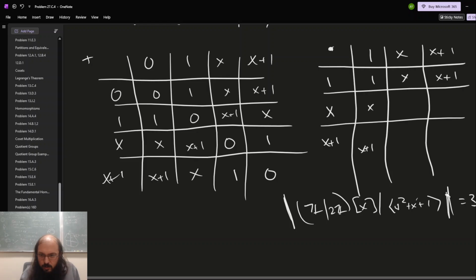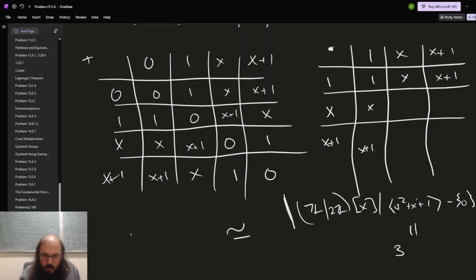Oh, sorry, that's not true. It's 4. Hold on. Minus 0 equals 3. Therefore, it is abstractly isomorphic as a multiplicative group to Z mod 3Z. Stoked.